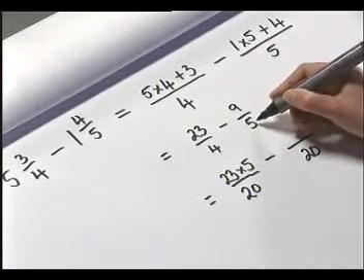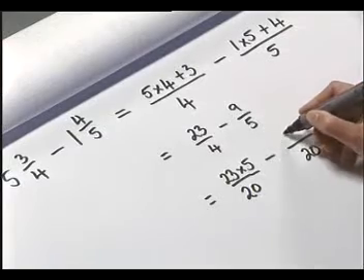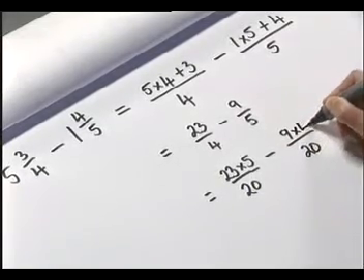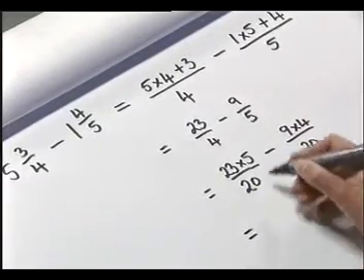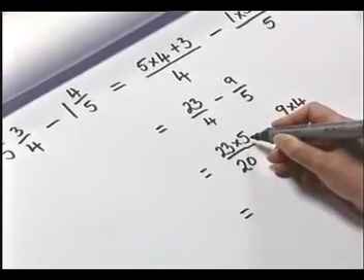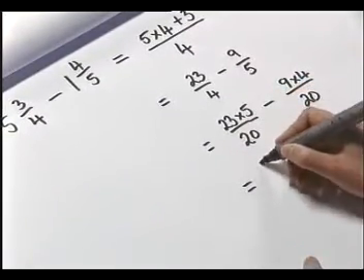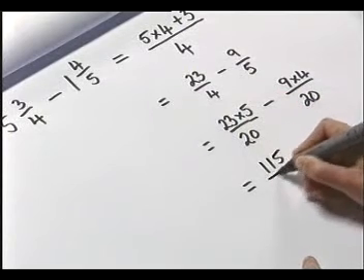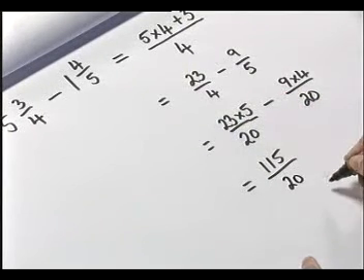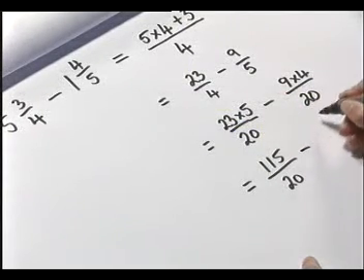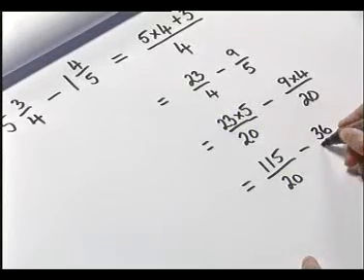What do we multiply 5 by to get 20? Well, that was 4, so 9 times 4. So 23 times 5. 5 20s are 100. 3 5s are 15, so that's 115 20ths. Take away 4 9s are 36 20ths.